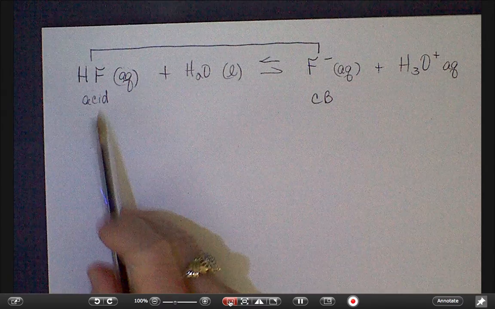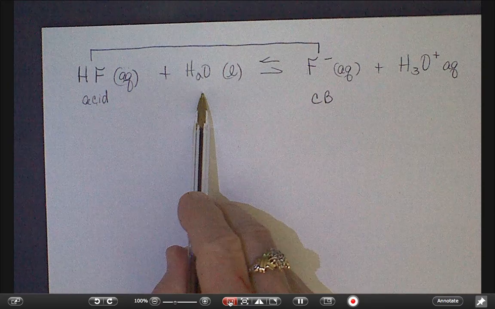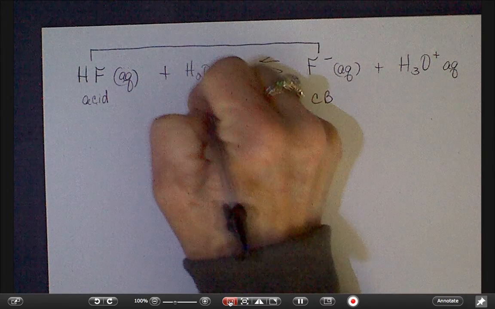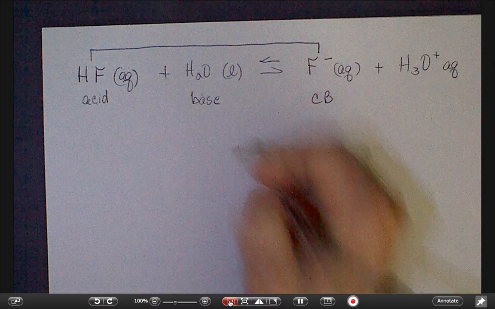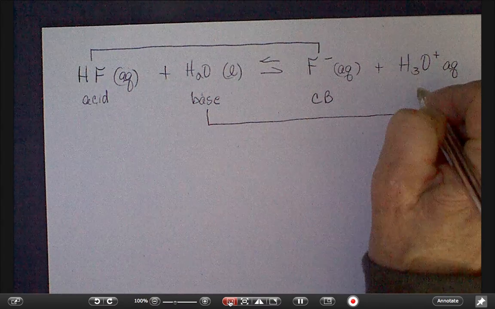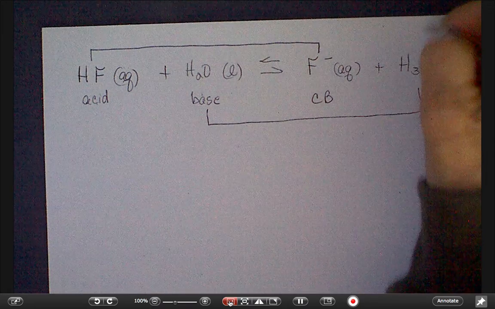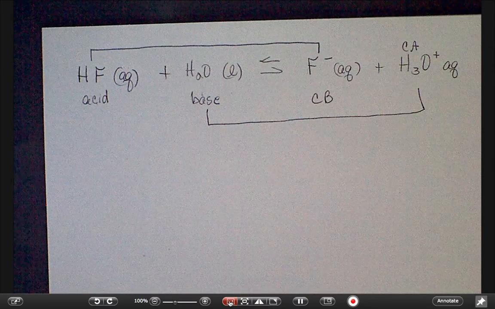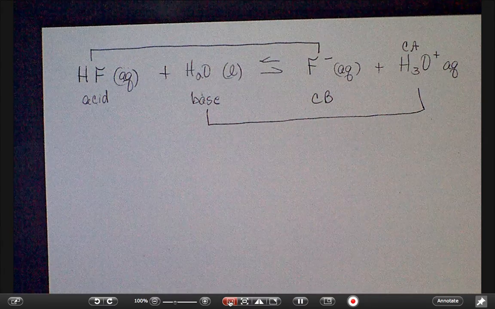Now, by default, this one is automatically the what? And hook it up to its conjugate acid, the one that gained the proton. There you go. Okay?